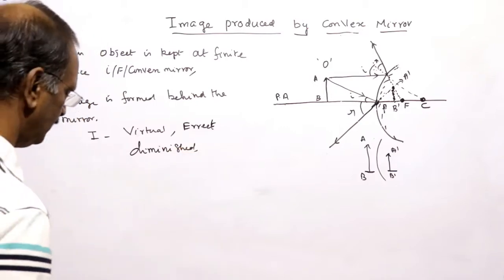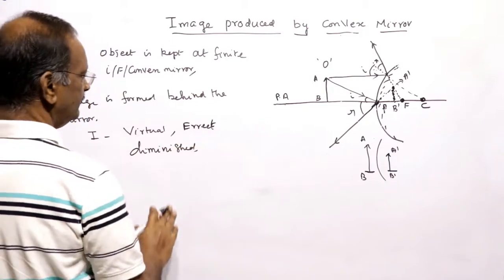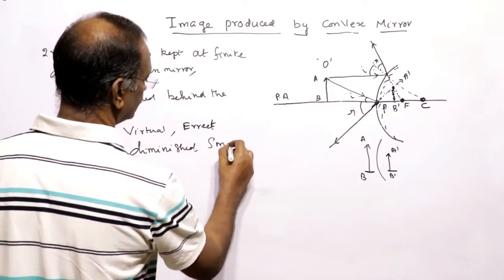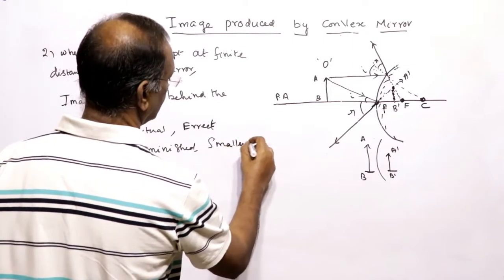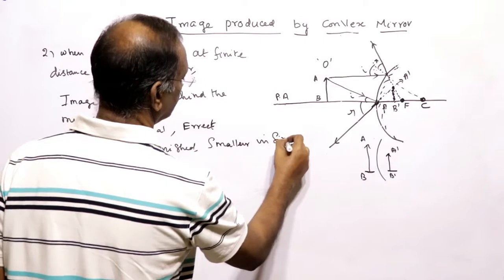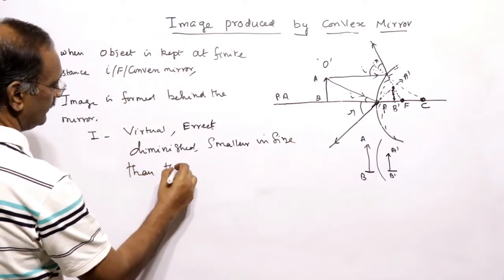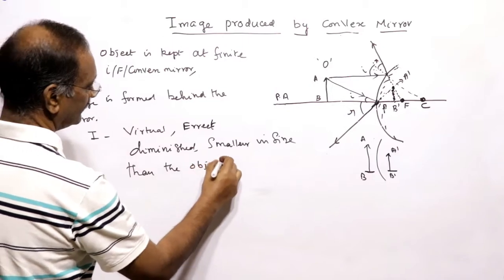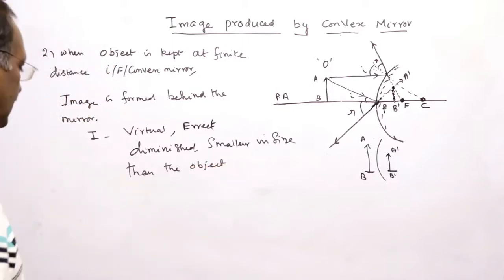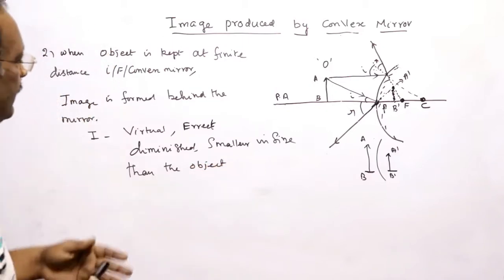And what are the other qualities of the image formed behind the mirror? It is diminished, smaller in size than the object. Any other quality: virtual image, erect.